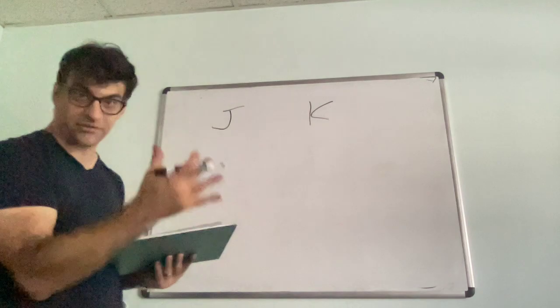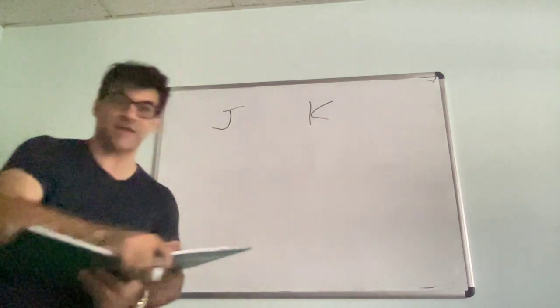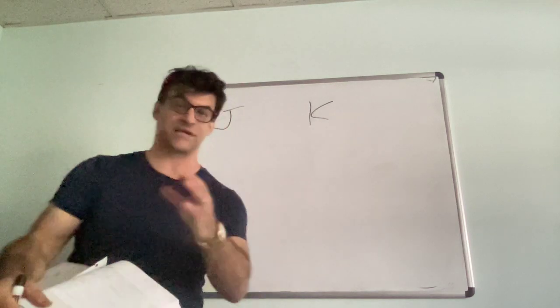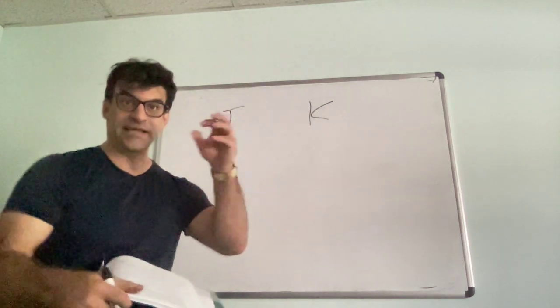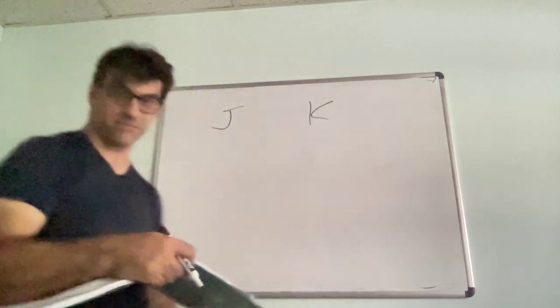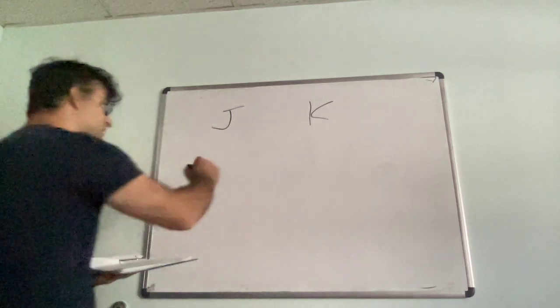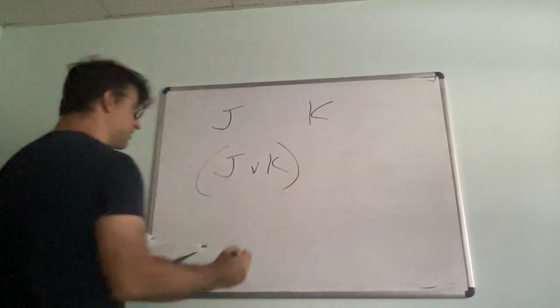All these are compound, right? But you have to think of building of parts. We've gotten at it with main connectors, but to get a statement, there are proper parts of that statement that are themselves smaller statements. So we have J or K will win, but since they're playing each other, it won't be both.